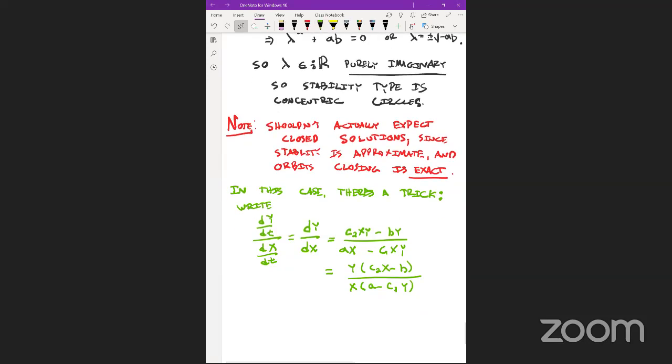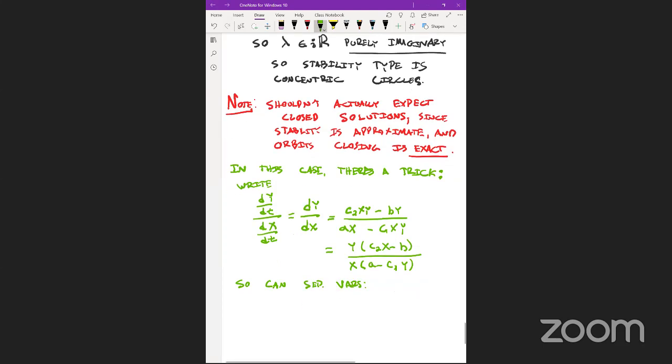And what that means is we can separate variables. So we can write this as (a minus c2y) over y dy equals (c2x minus b) over x dx.